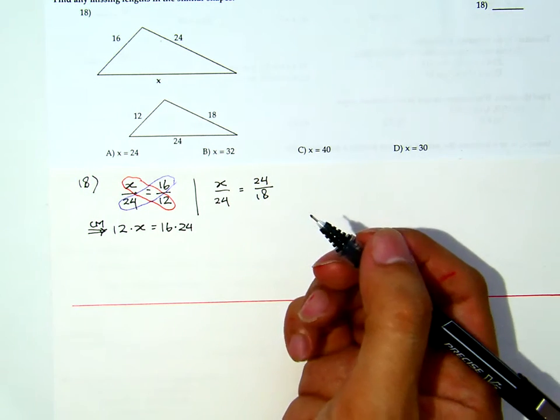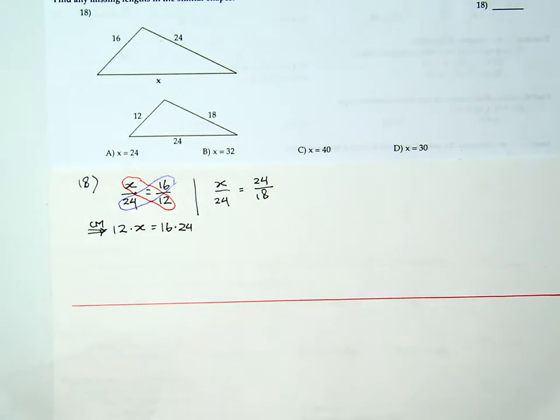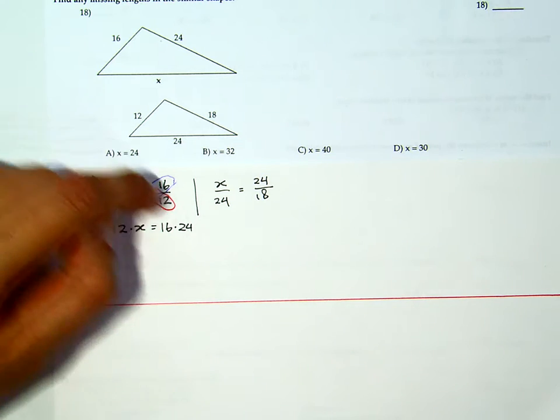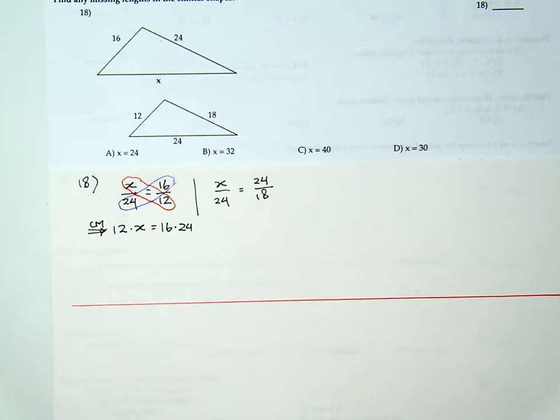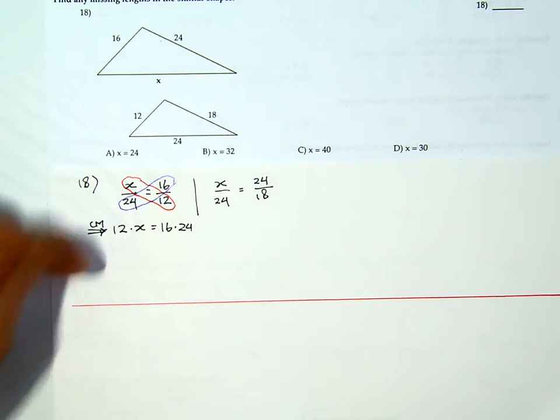I hope by writing it that way you see the reason why people in the past call this cross multiply, because you are multiplying in the cross direction. The red part equals the blue part.